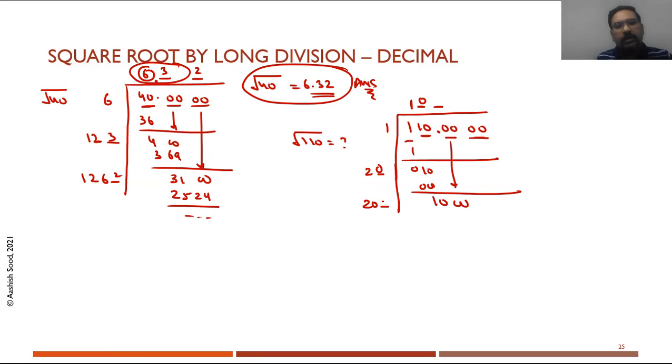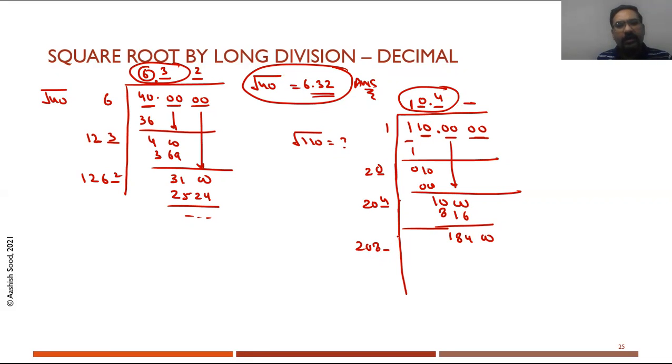20 into 1 is 201, 201 into 1 is 201, 202 into 2 is 404, 203, 204 seems to be appropriate. 816. I'm left with 184 here, 00. Double of this entire number, 208 and dash.